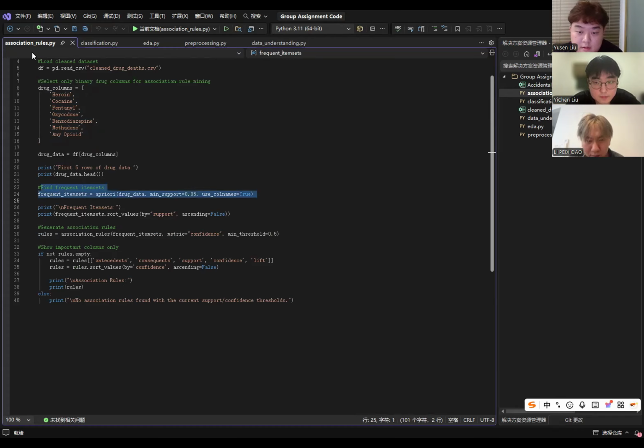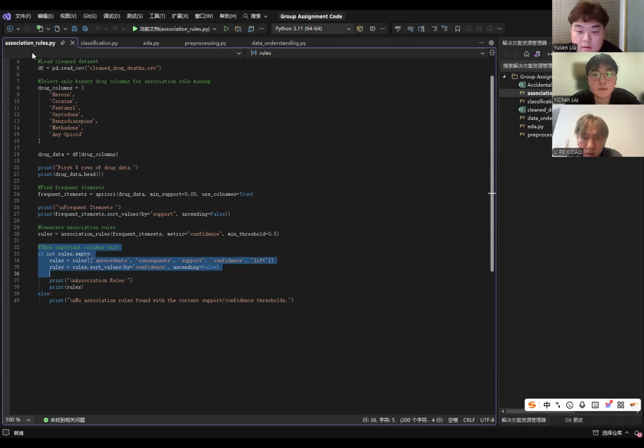After getting the frequent itemsets, we create the rules using confidence, and then we keep the important terms like the antecedents, consequents, support, and lift. Support means how often items appear together in the data.